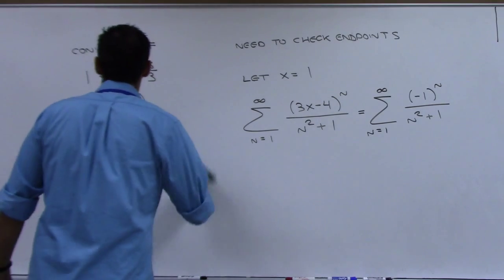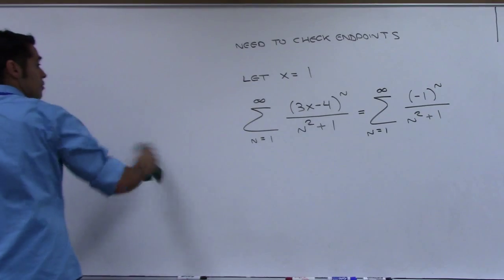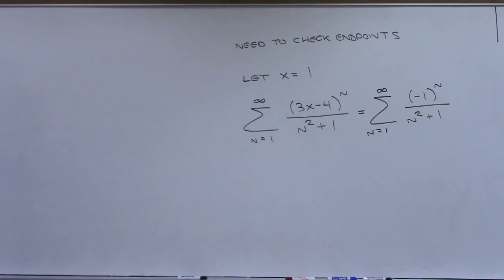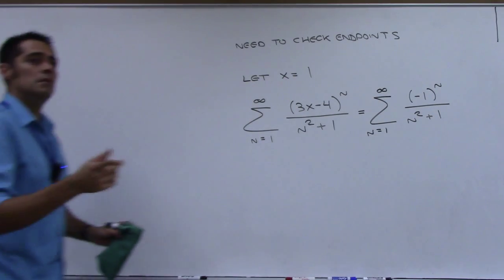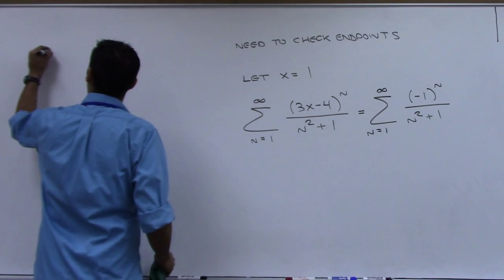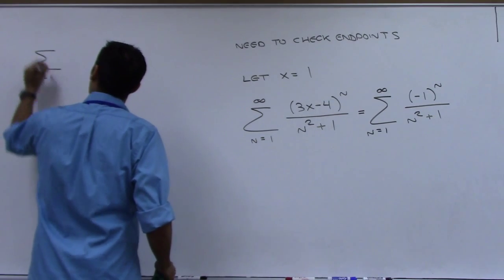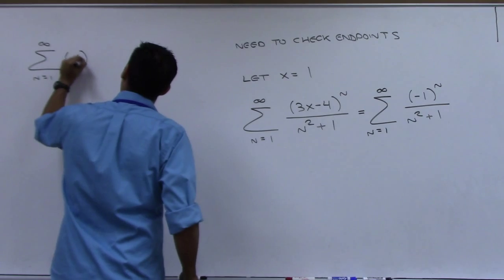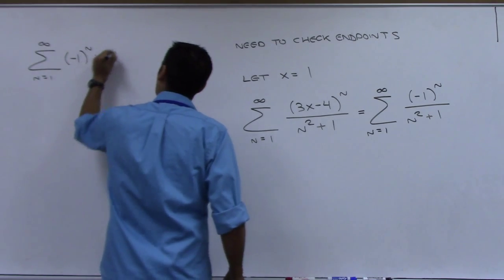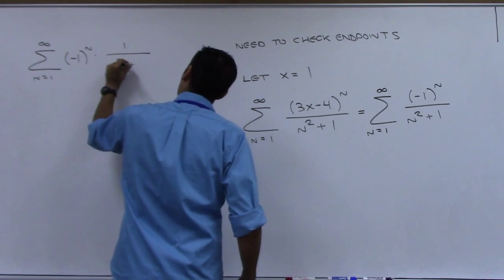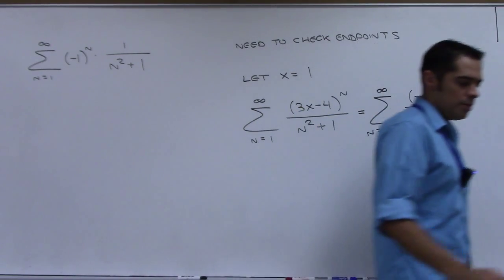How would you show me whether or not that converges or diverges? How would you do that one? 1 over n plus 1. You want to separate it? You want me to write negative 1 to the n like that, and then 1 over n squared plus 1? Okay, and then what do you want me to do with that?